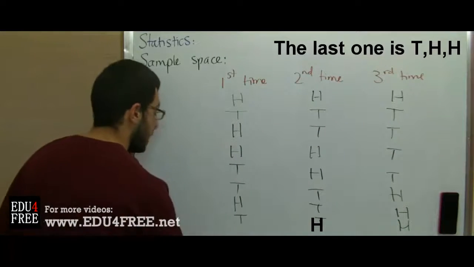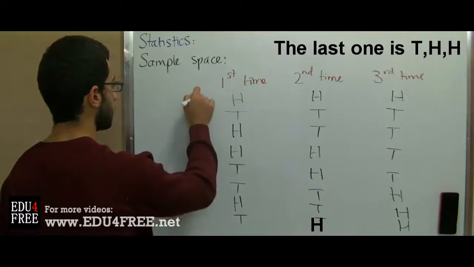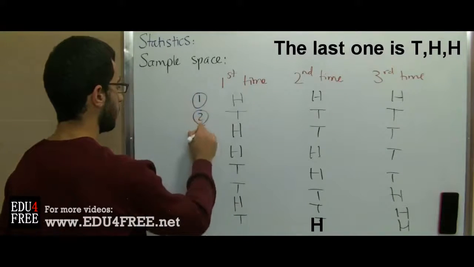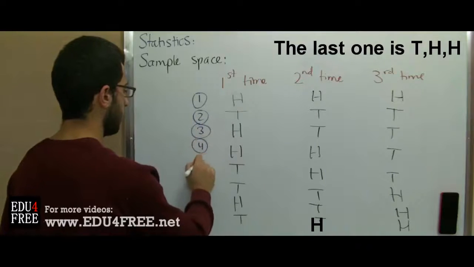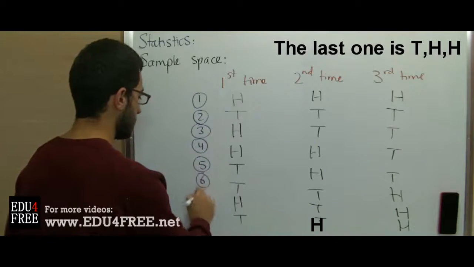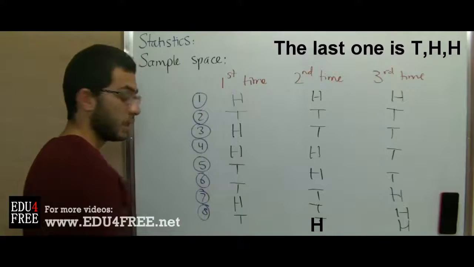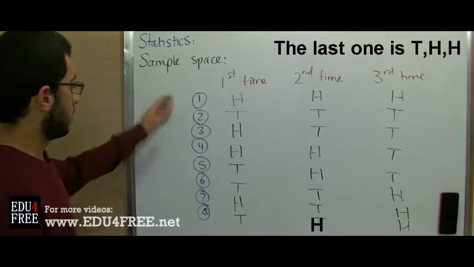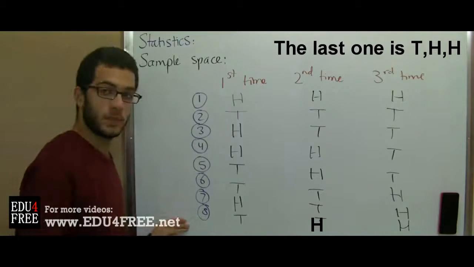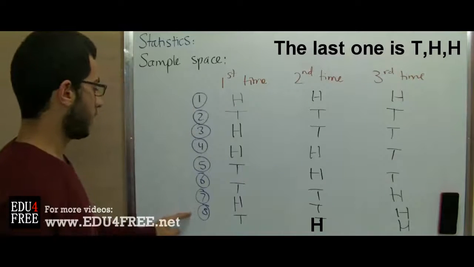These are 8 possible outcomes. 1, 2, 3, 4, 5, 6, 7, and 8. So, as we have just expected, the possible outcomes are 8.